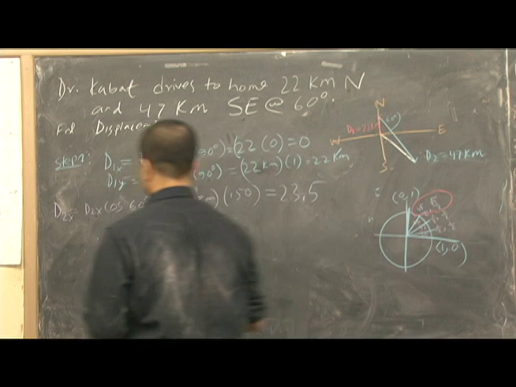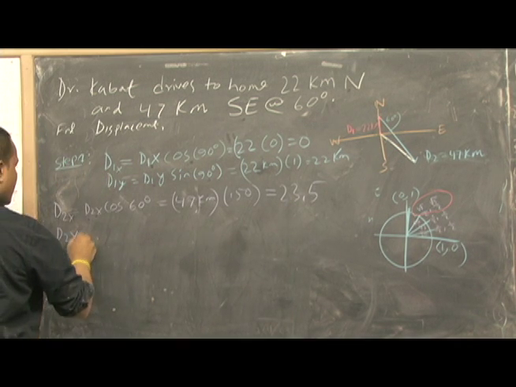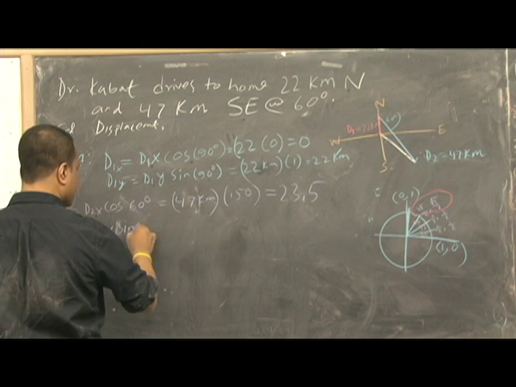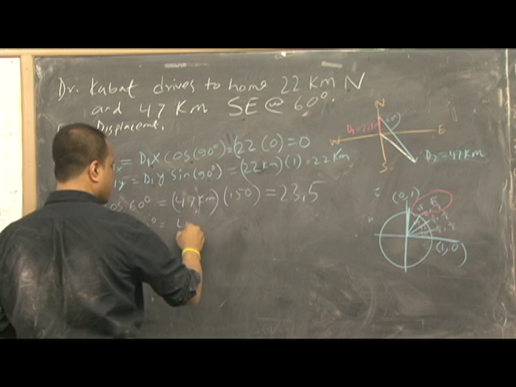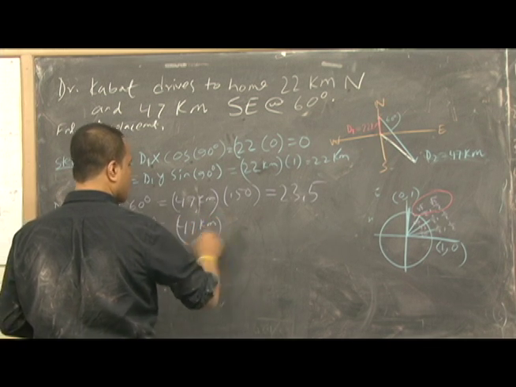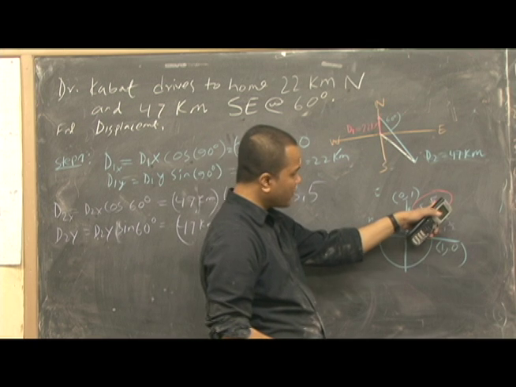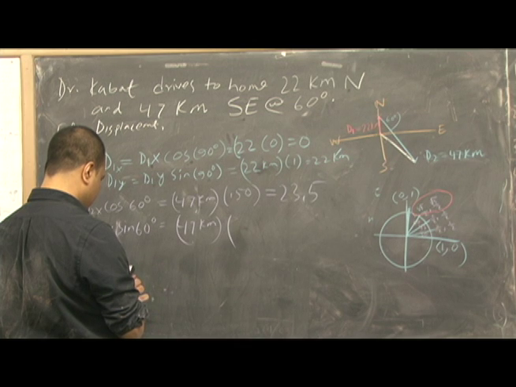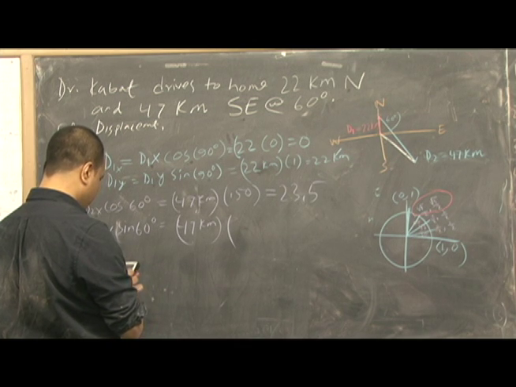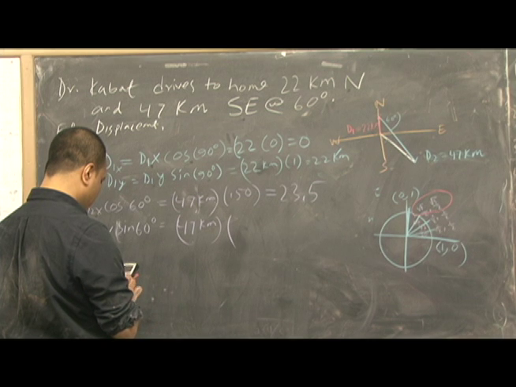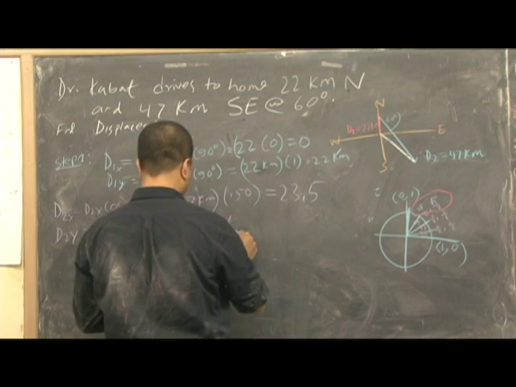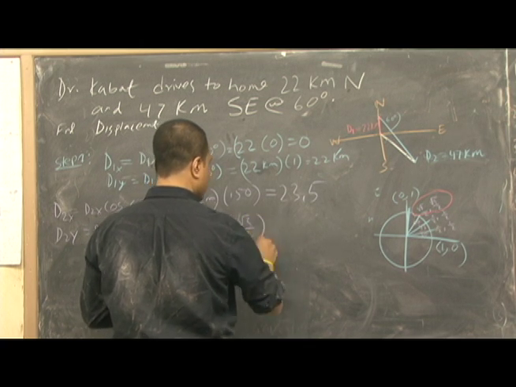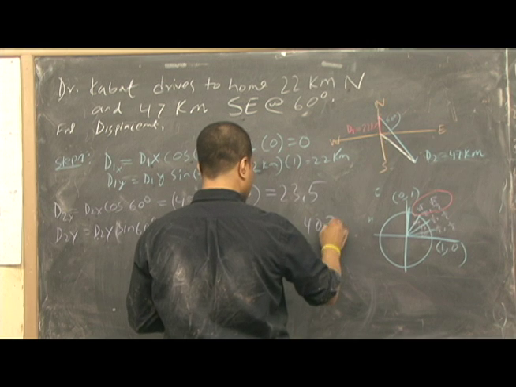Now D2y is D2 sine 60 degree, which is 47 kilometer times square root of 3 over 2, which is 40.70.